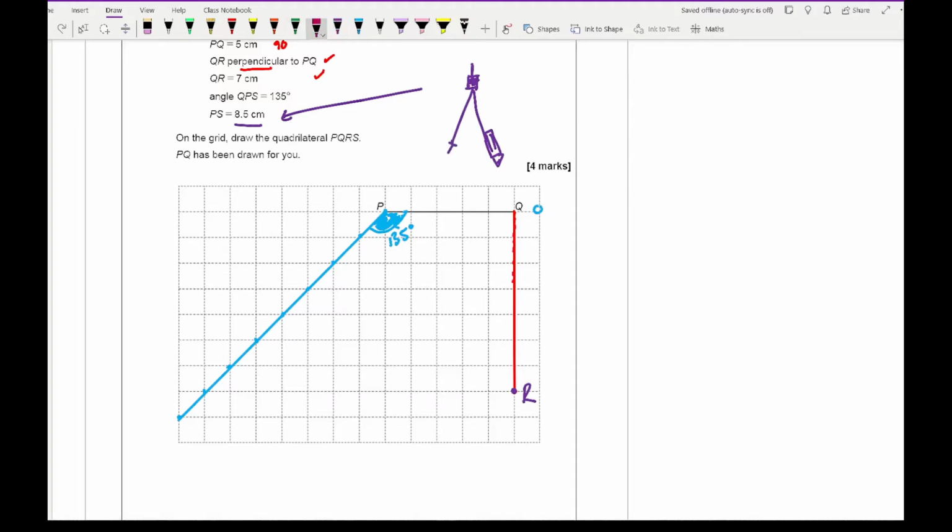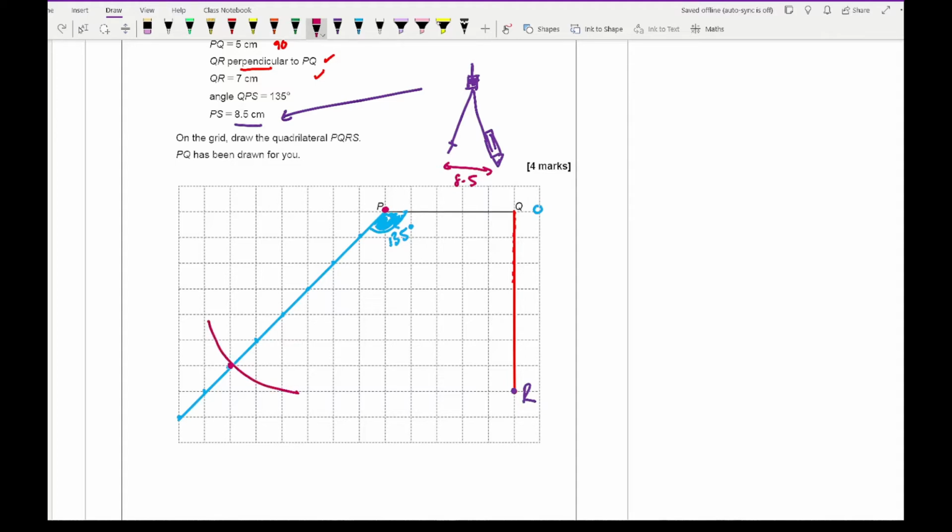Now what you need to do here is set the distance between your pin and your pencil at 8.5 centimeters, then put your pin at point P, and swing the compass so it creates an arc, and it's going to be around about this mark here. So what you should have is a little arc that looks like that.